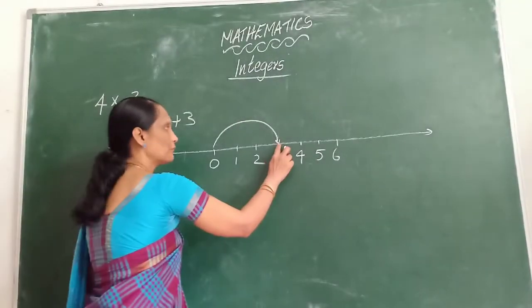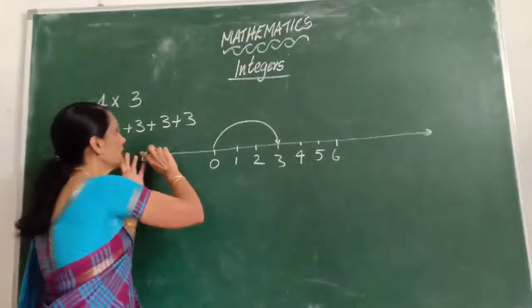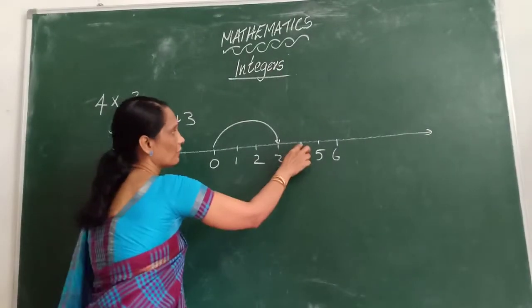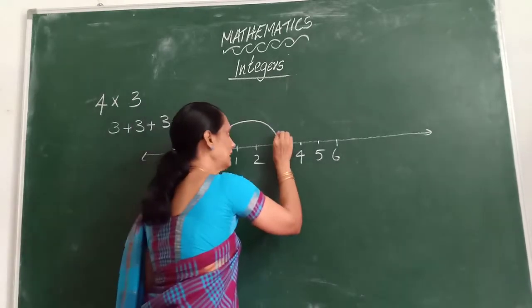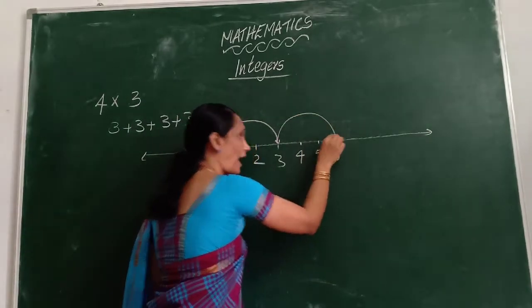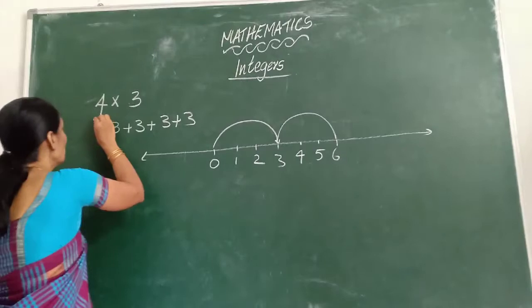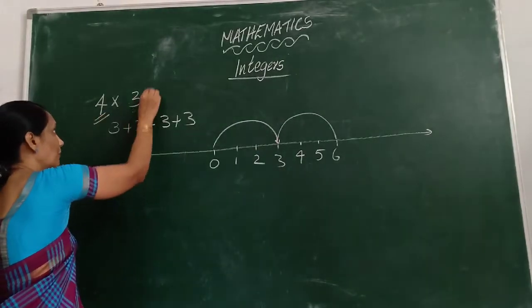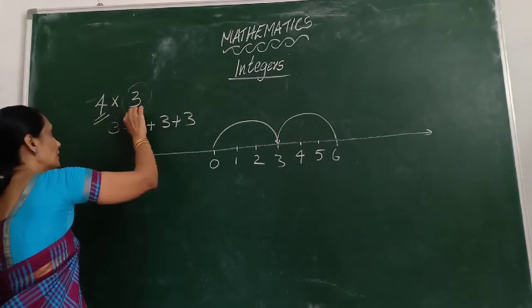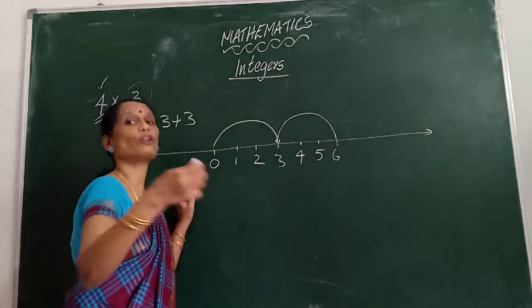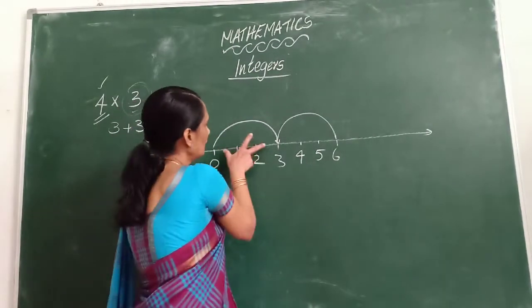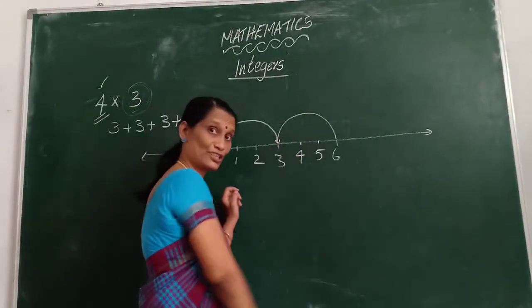From here let us take another 3 units. 1, 2, 3. So here it is becoming another jump. How many jumps? 4 jumps. 3 units have to jump 4 times. This is one jump, this is the next jump.